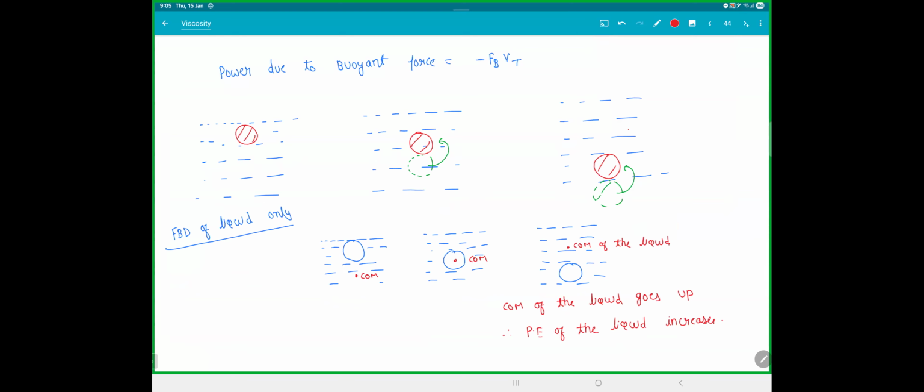So the work done by the buoyant force is used to increase the potential energy of the liquid. The liquid level is not increasing, but internally the mass is going up.